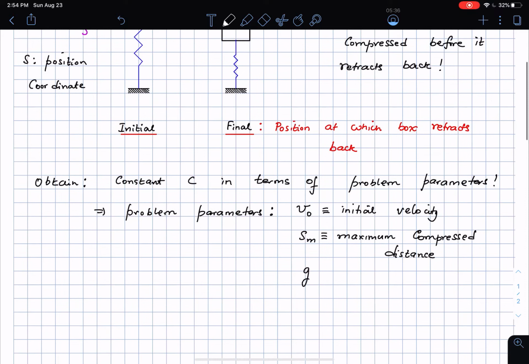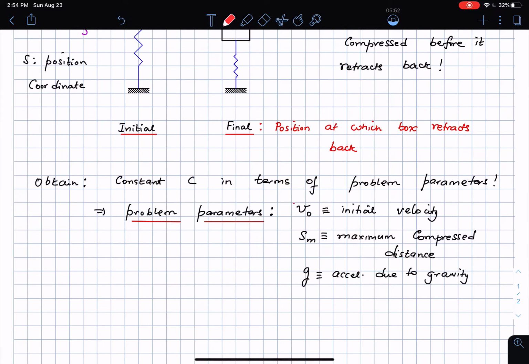So g is also a problem parameter for us. So that's a keyword here. So what are the problem parameters?